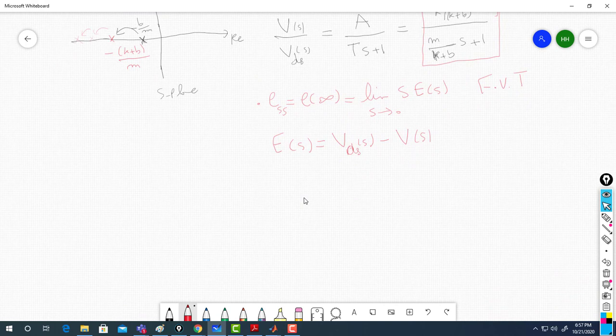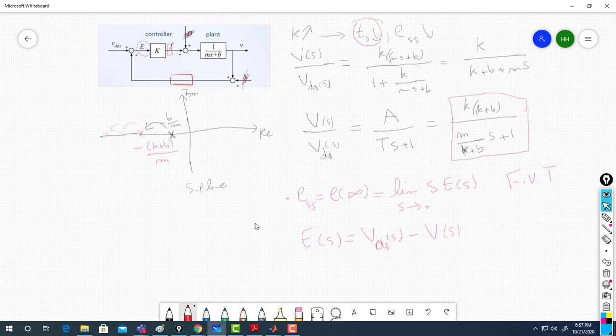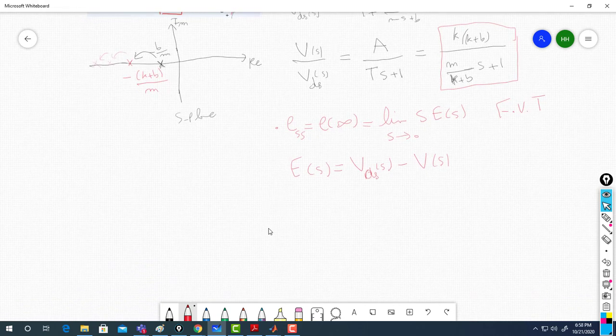So assuming, as we did in the simulation, that we were considering a step input as V desired. I have one trick I usually use to make the calculation easy, and you can learn it.